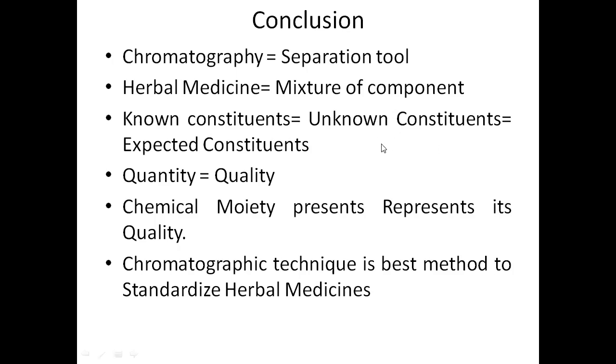And if you are expecting any unknown constituents in your extract, or constituents that are not yet established, that also can be identified in the different chromatography. And for expected constituents, if you have a tea mixture or tea extract, you can expect the caffeine to be there, so you can take the known constituent caffeine as a reference, and you can expect the caffeine in your test extract, right?